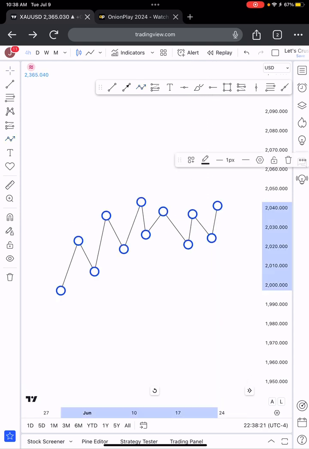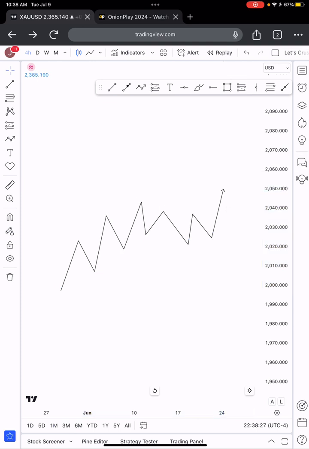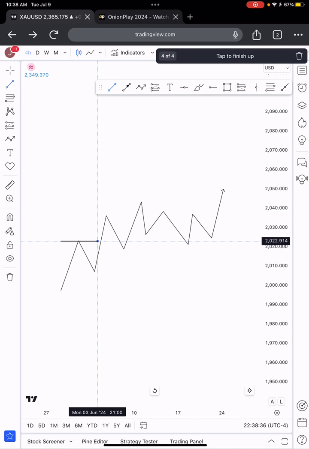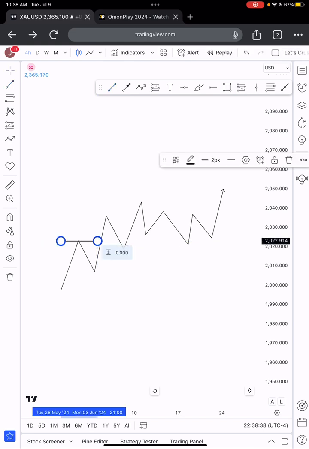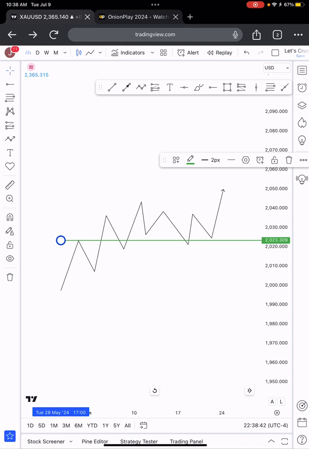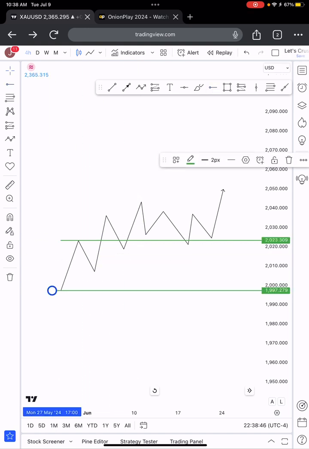It may look all choppy like this, right? So how you draw a structure and identify market structure, the easiest way to do it is I would draw two lines. So let me just use this one, it's a little bit easier. So let's just say we have this, and then we have this, right?